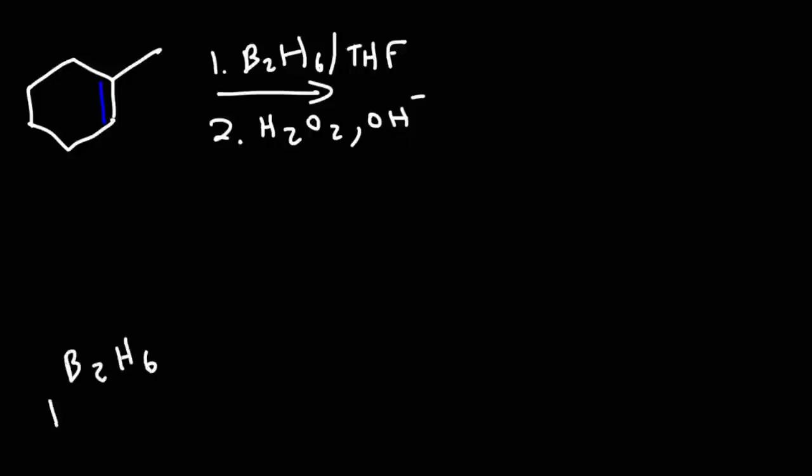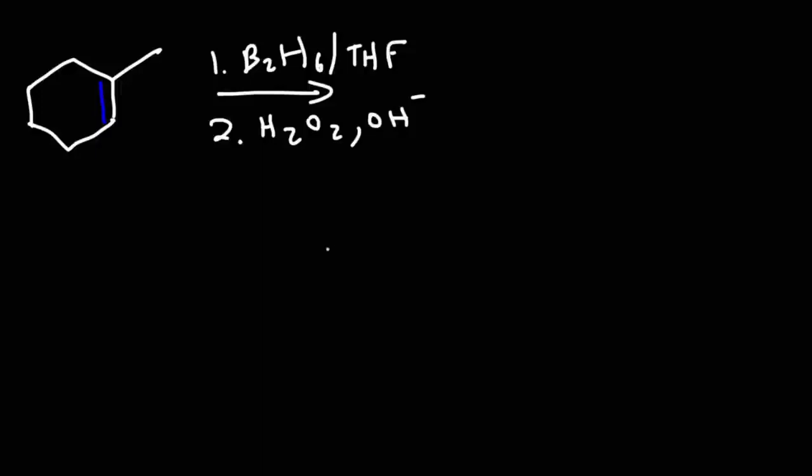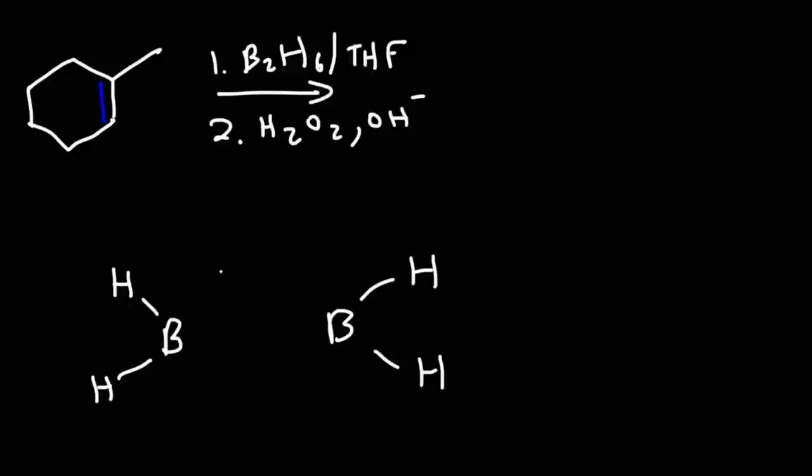B2H6 is diborane. It's basically a dimer of 2 borane molecules. So this is how it looks. So here are the two boron atoms, and two of the hydrogens will be shared by the two boron atoms.